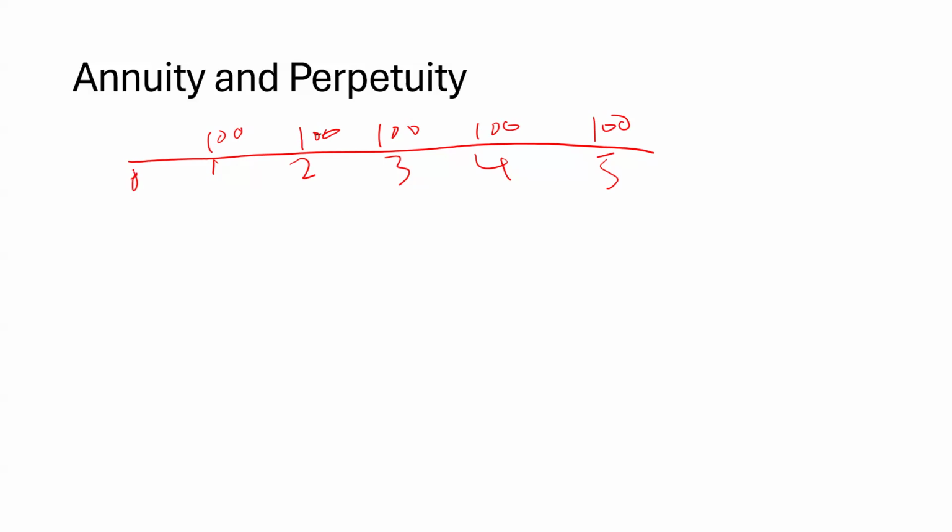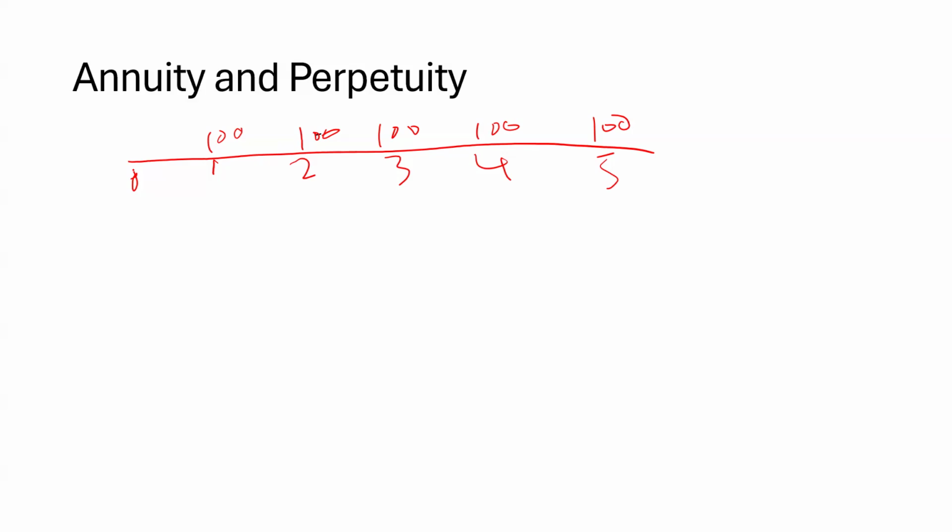So normally present value, when you discount any future cash flow, and future cash flow starts from time 1 to any time in the future, right? If you look at this one, there are only 5 cash flows. We can discount each of these 5 cash flows and add them together to get the present value.